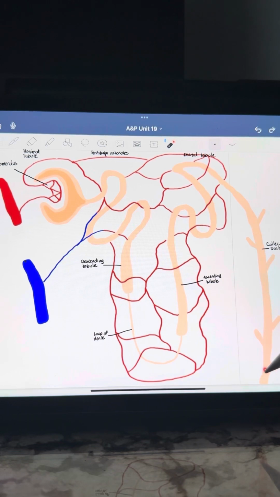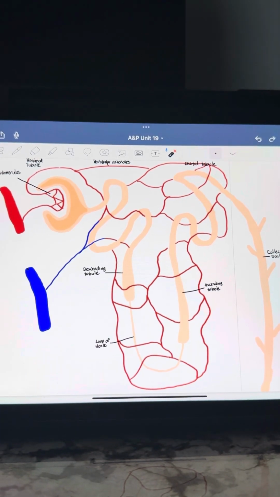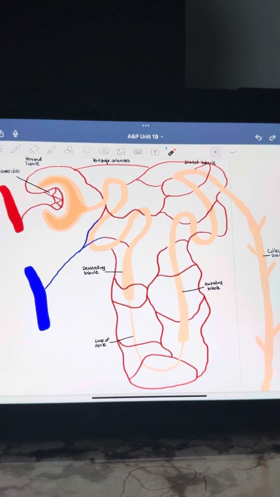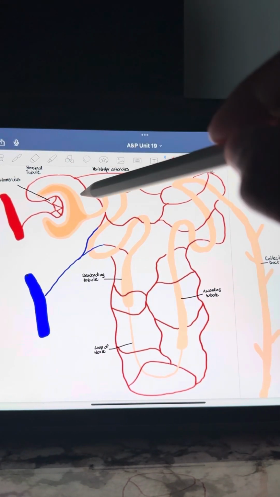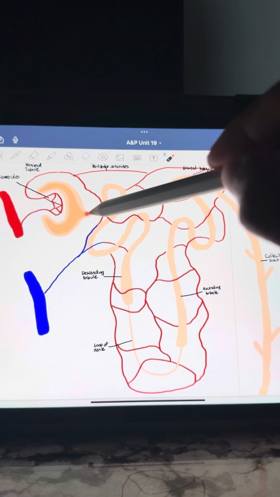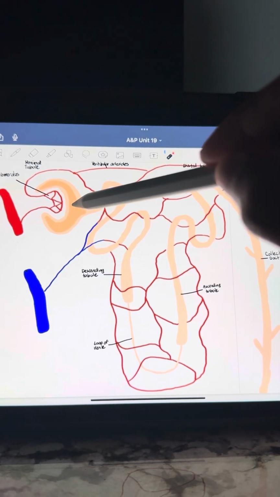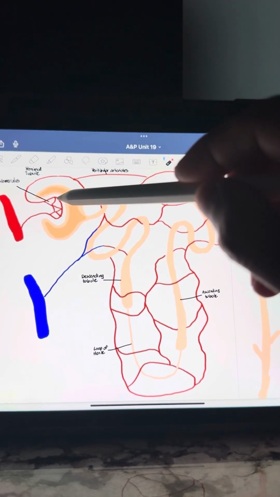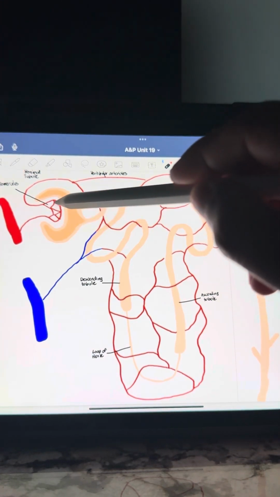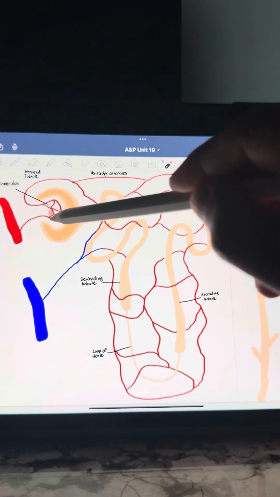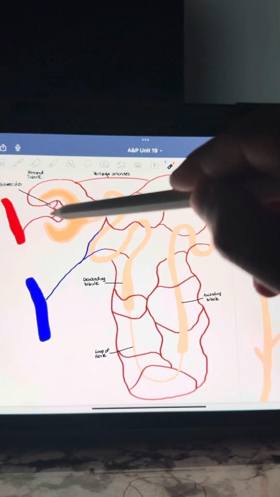will become urine. So the countercurrent multiplier has filtrate coming out of the glomerulus. So here, filtrate comes out of here. Filtration of the blood mainly takes place inside the glomerulus.